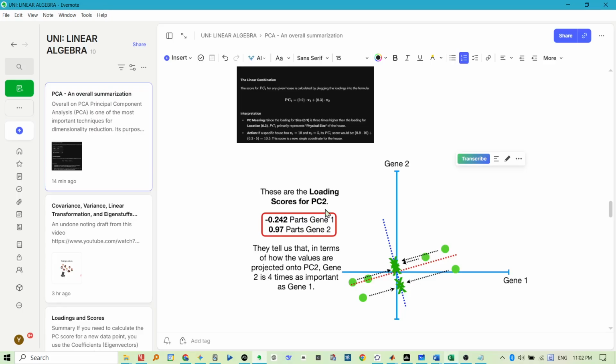It is further from -1 than Gene 2 is from 1.